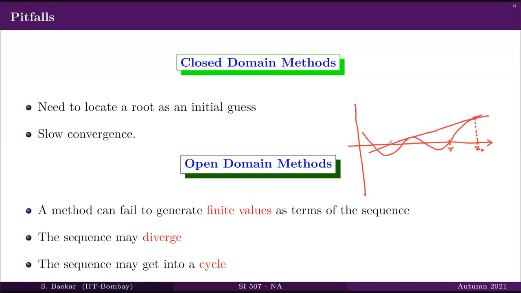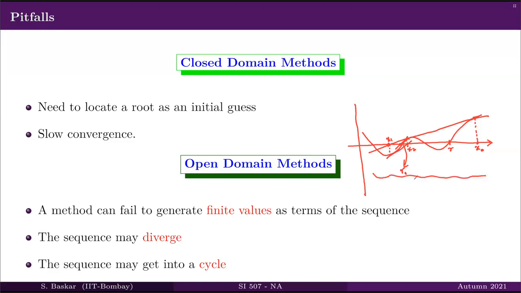So for instance, you may be hitting your x1 here, and x1 may give you x2 here, and x2 will give x3, and thereby you are actually converging to this root, say r0, which is far away from the x0 that you have chosen. These are some of the common pitfalls that we come across in the open domain methods.